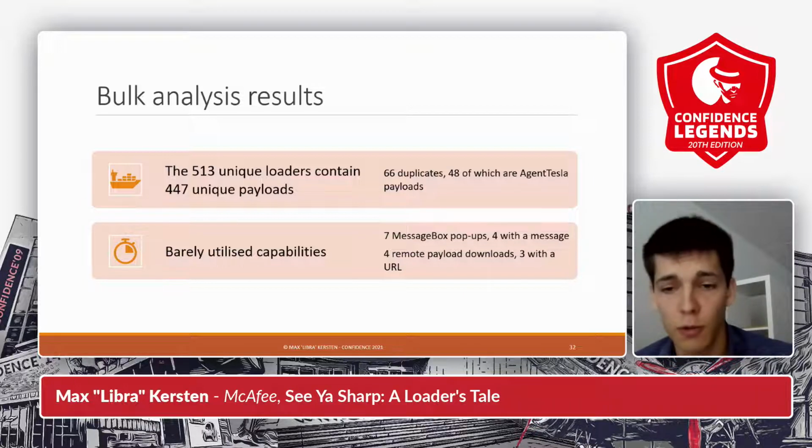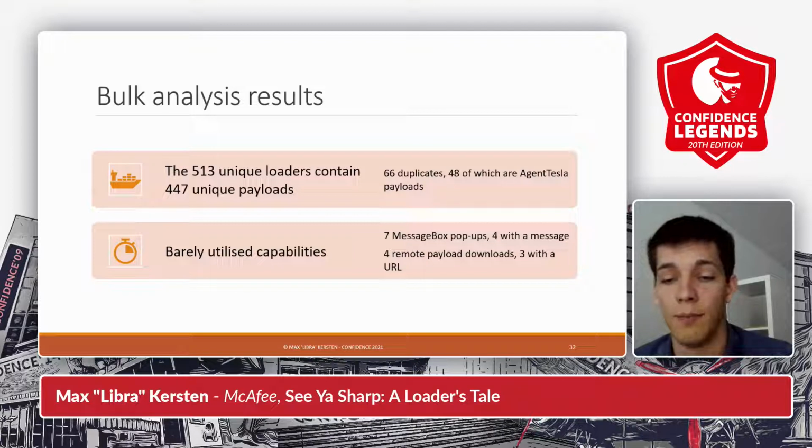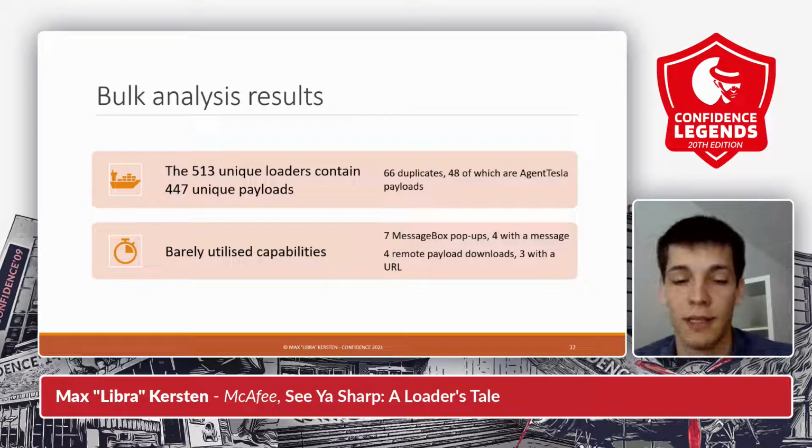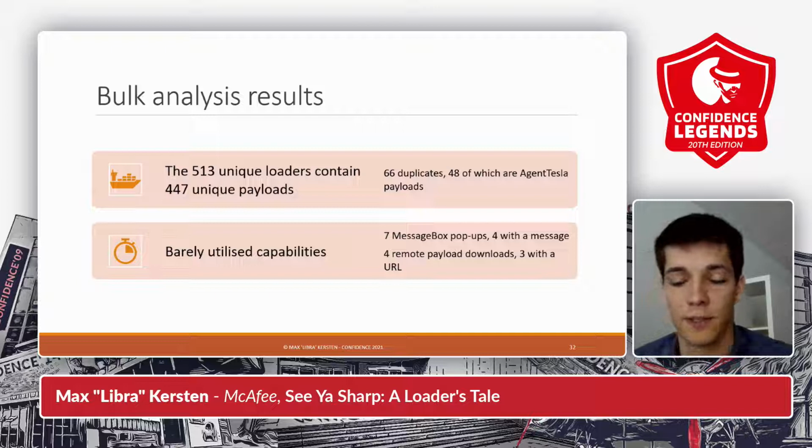However, the remote download was used even less, and it was present from the first version that we observed. And there, one of the remote payloads had no URL, so that's not really going to work if you try to do that. But the loader, in some way, gracefully handles exceptions by just returning the function and continuing its execution. So from a victim's perspective, it doesn't matter if such a mistake is made by the actor.